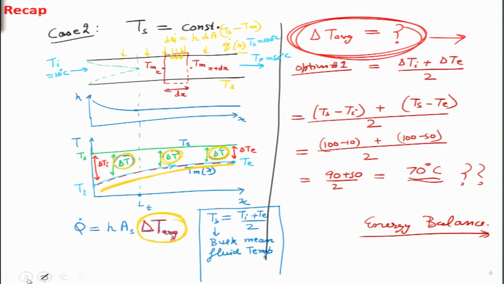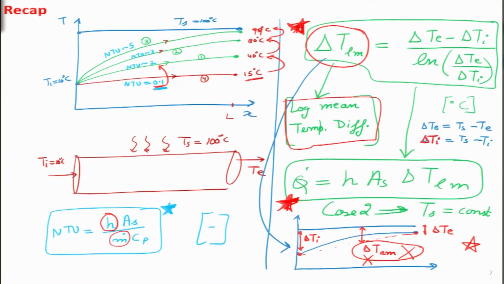That is why I use the term exponentially, and we had defined a parameter known as the NTU, which we can write over here: the number of transfer units.